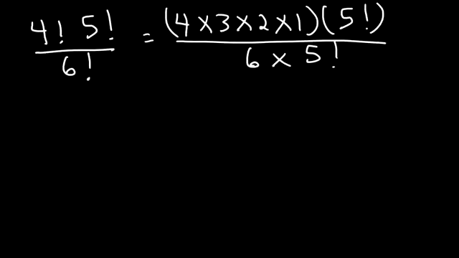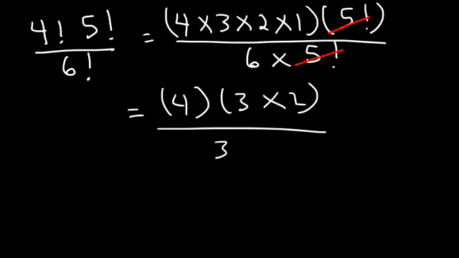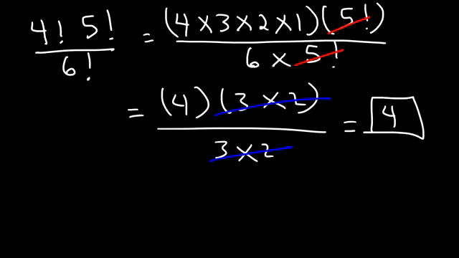So I can cancel 5 factorial. Now the 1 is not going to change anything, so I can drop that. So I have 4 times 3 times 2. And 6, I can write that as 3 times 2, which can be canceled. So the final answer is 4.